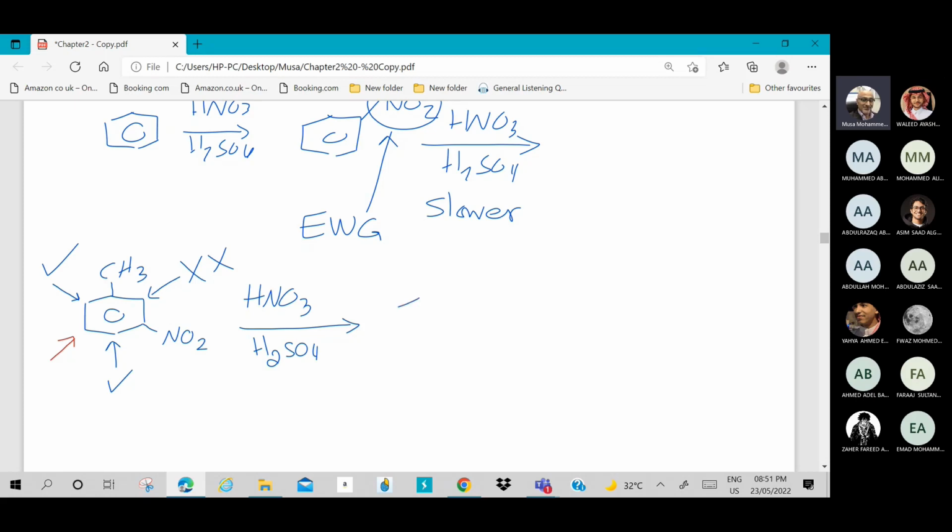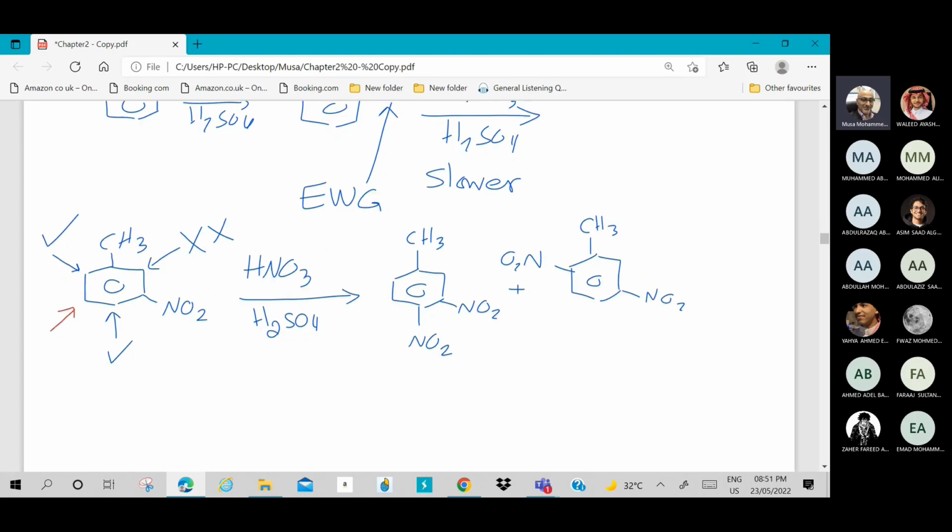You will get more than one product. So the product for this reaction will be CH3 here, nitro, and nitro plus CH3 here, nitro here, and nitro here. So these are the two expected products. The one in the middle we will not get.